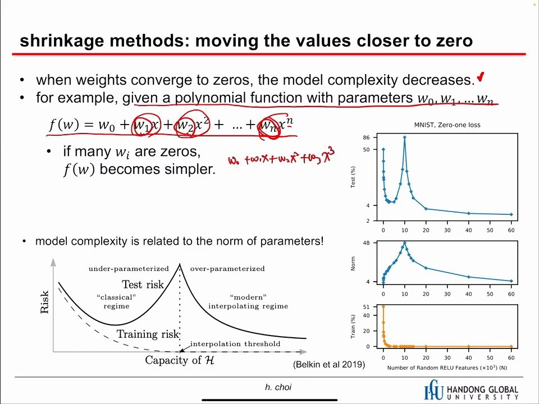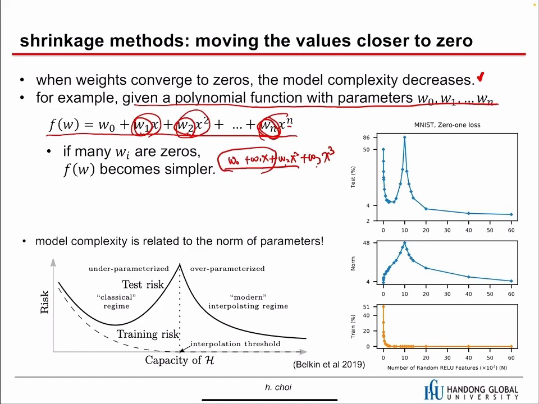Then if w3 is 0, f of w could be just a quadratic equation. If w3 and w2 are both zeros, then it is just a linear model. So when lots of parameters are zeros, we have a simpler model.